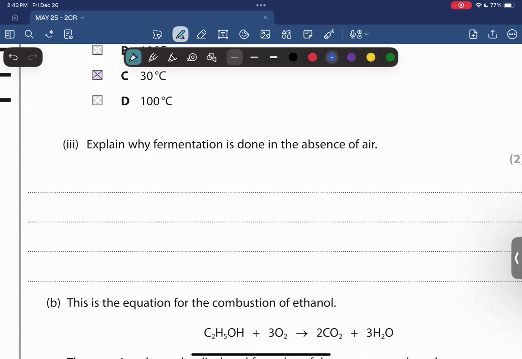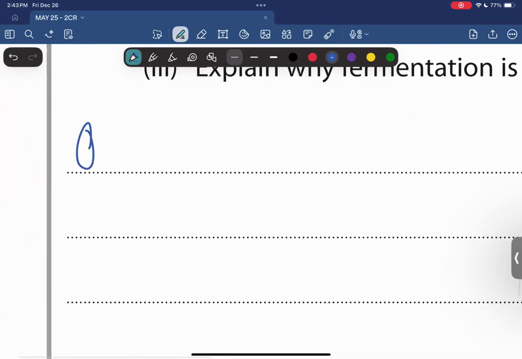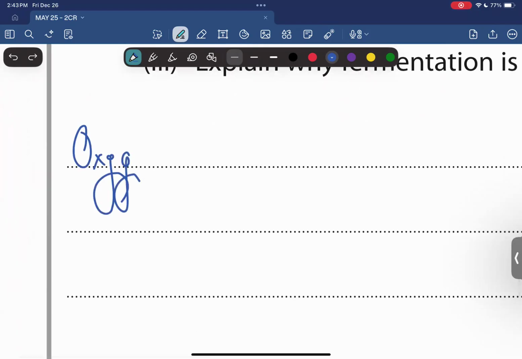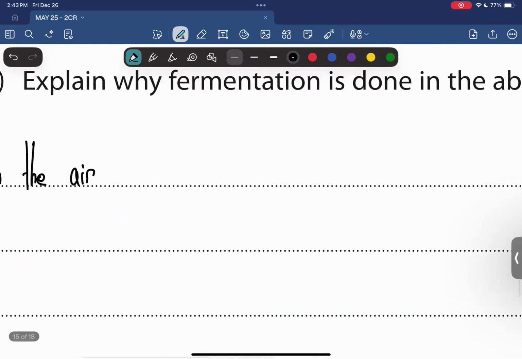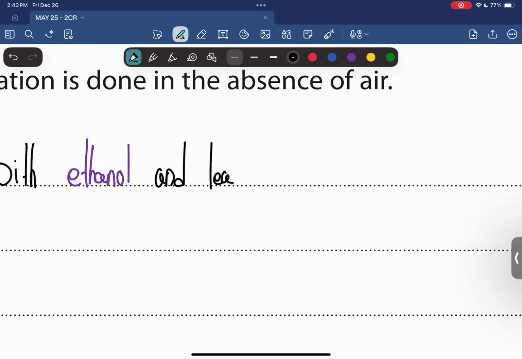Oxygen in the air will react with the ethanol and lead to the production of ethanoic acid.